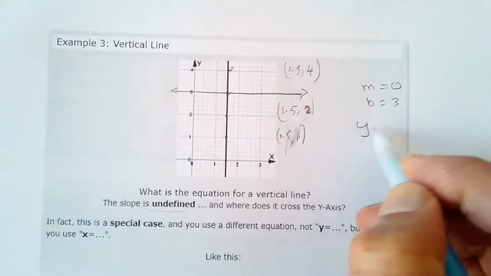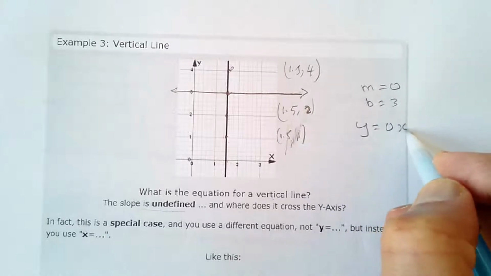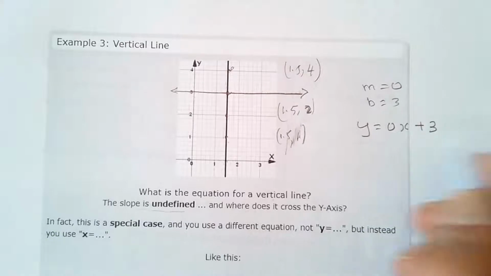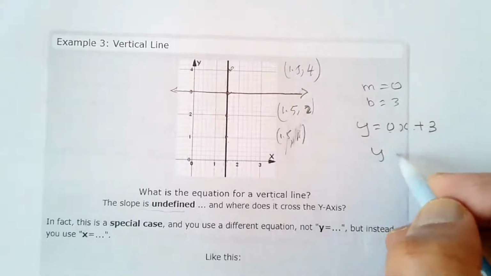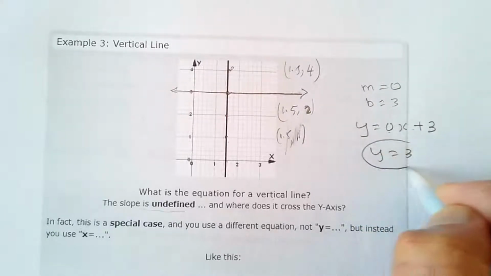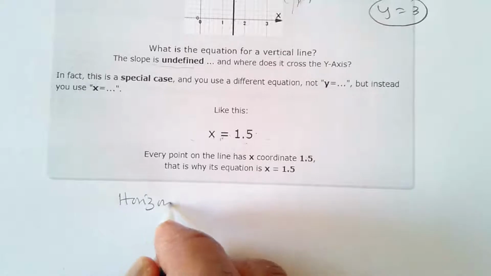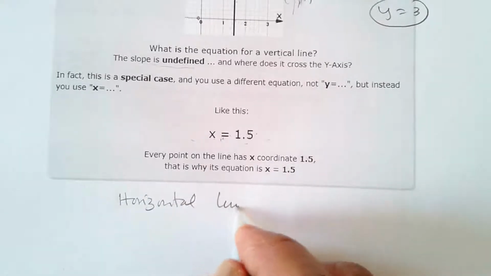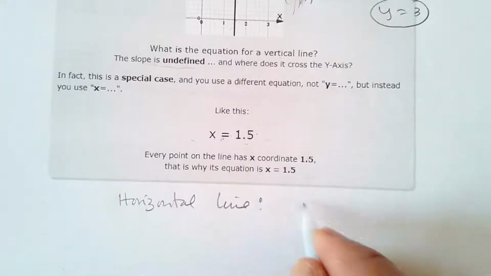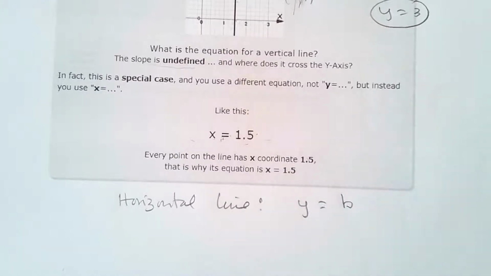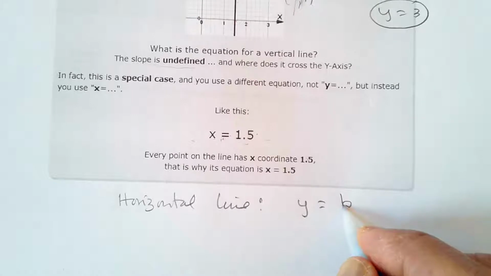So I can write y is equal to 0x plus 3, or, since it's 0, y equals 3. So we can conclude, for a horizontal line, y is equal to the y-intercept, whatever the y-intercept is.